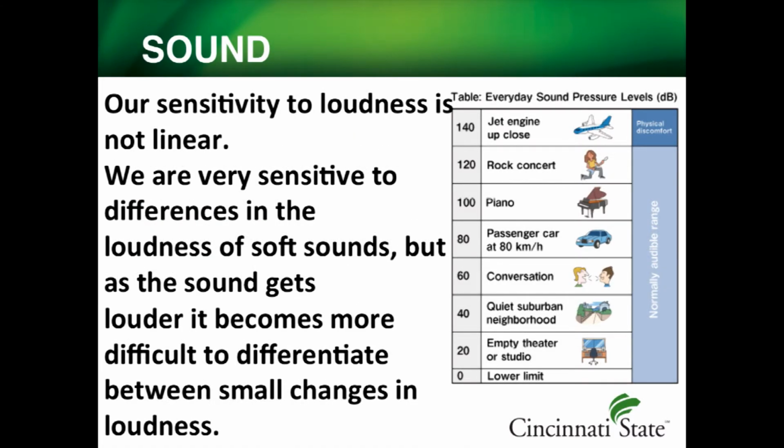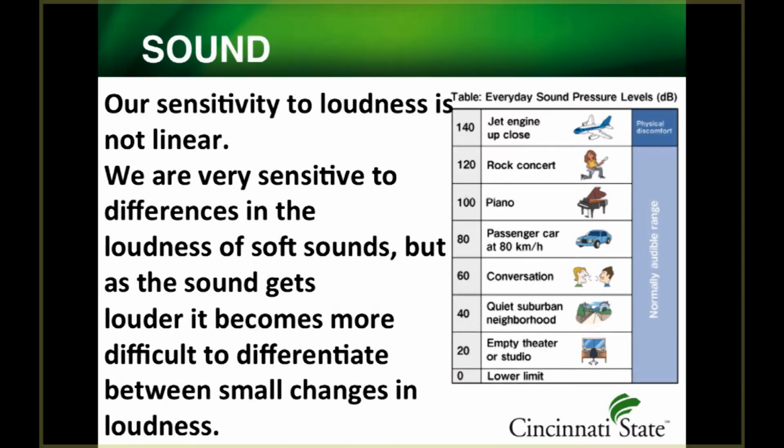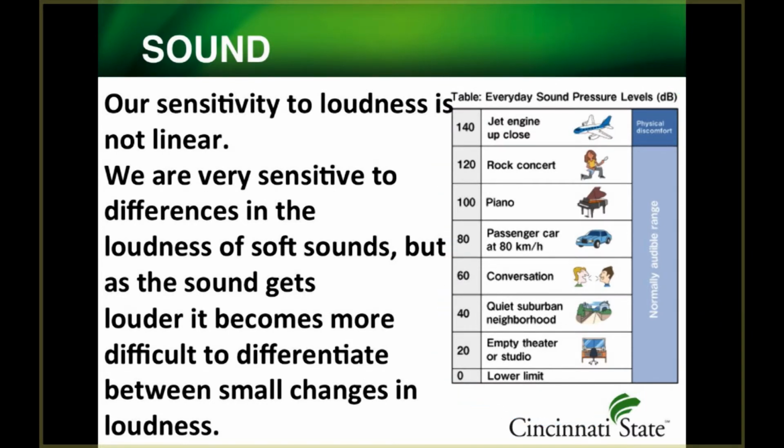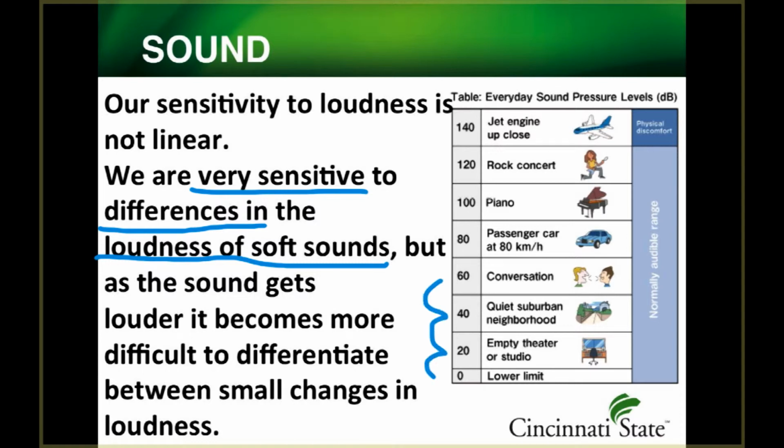Our sensitivity to loudness is not a linear thing. If you look at this chart over here, this chart sort of gives you a rough idea of what human hearing is. We are very sensitive to differences in the loudness of soft sounds, that is going from nothing to 20 to 40 to 60.